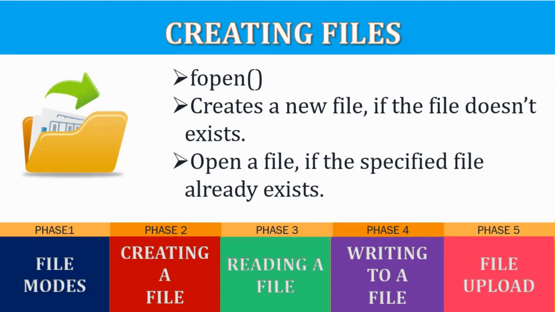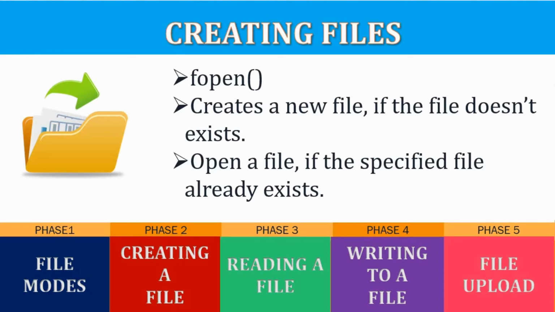The fopen() function has to be used in write mode for creating a new file, whereas for opening an existing file it can be either in read mode or write mode. First we can learn about the functions used for creating, reading and writing files.